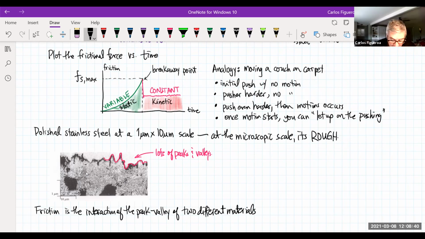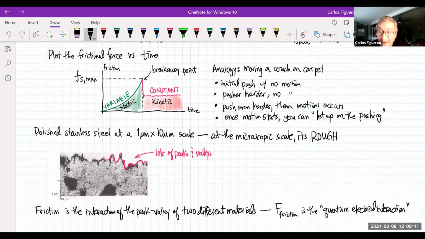And when you really look at the detailed interactions, what we find is that the force of friction is really the quantum electrical interaction between molecules of two surfaces.